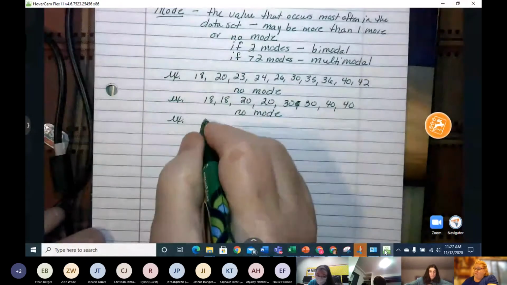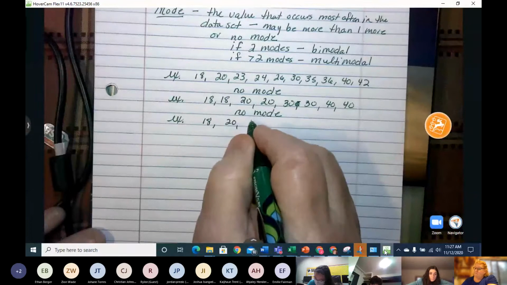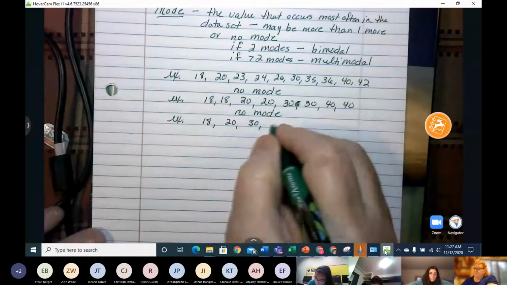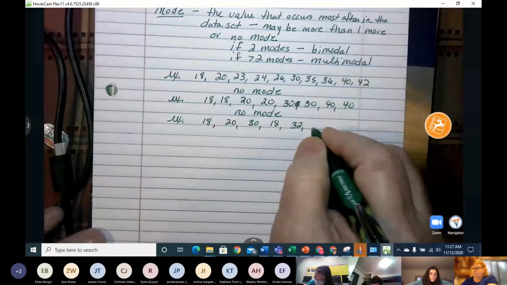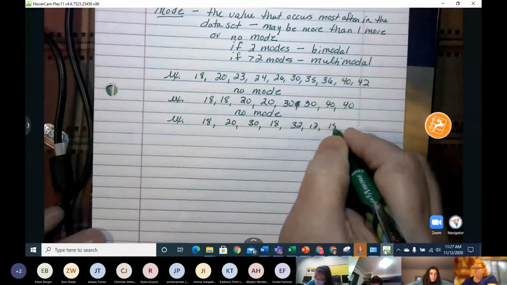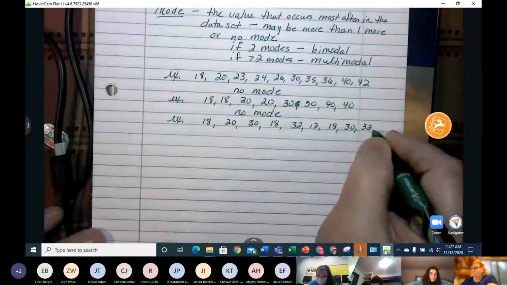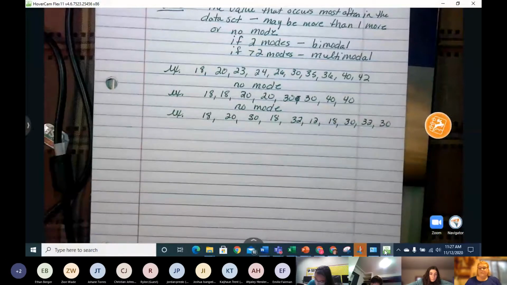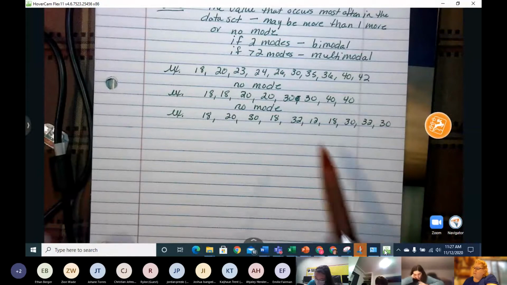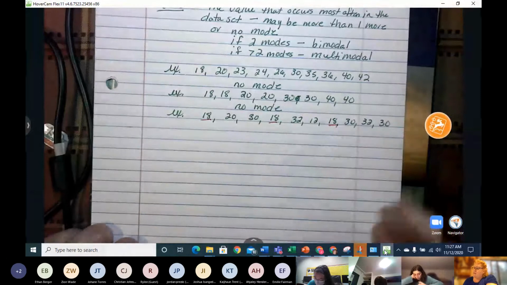And a third example. As we look at the data sets, we see that 18 does occur more often than some.